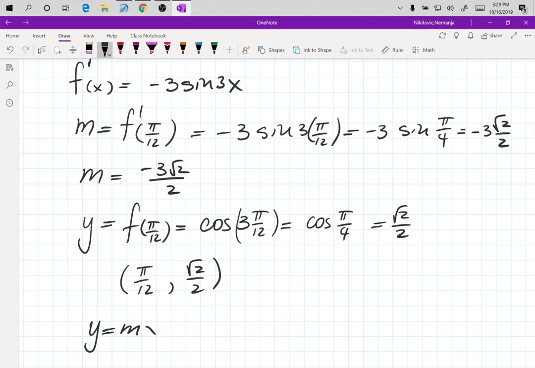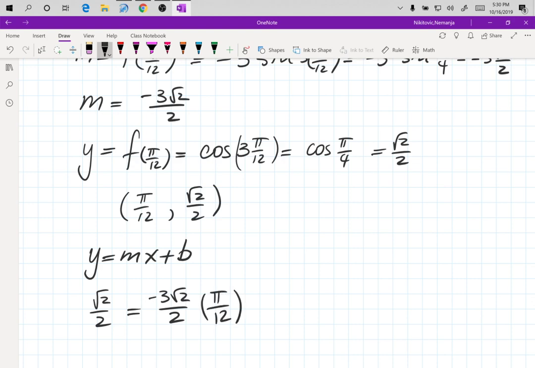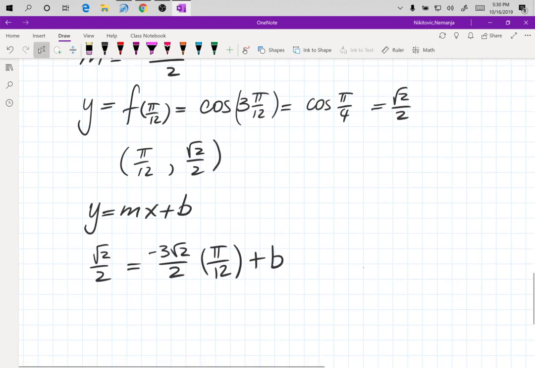y equals mx plus b, and we have y, which is root 2 over 2, is equal to m, which is negative 3 root 2 over 2, times pi over 12, plus b.